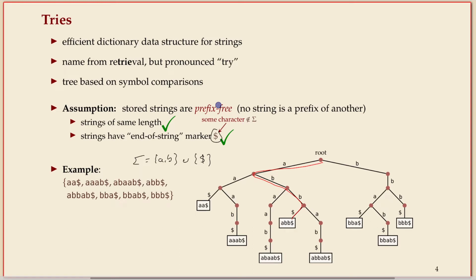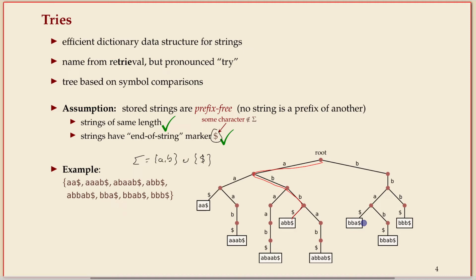If we had one string that was a prefix of some other string, then we would stop reading and still be in the middle of the try. If we add this dollar marker, we always end in a leaf, so that's a bit more convenient. Then we can always say the internal nodes are never the end of the string, and the leaves are representing the actual strings in the set.